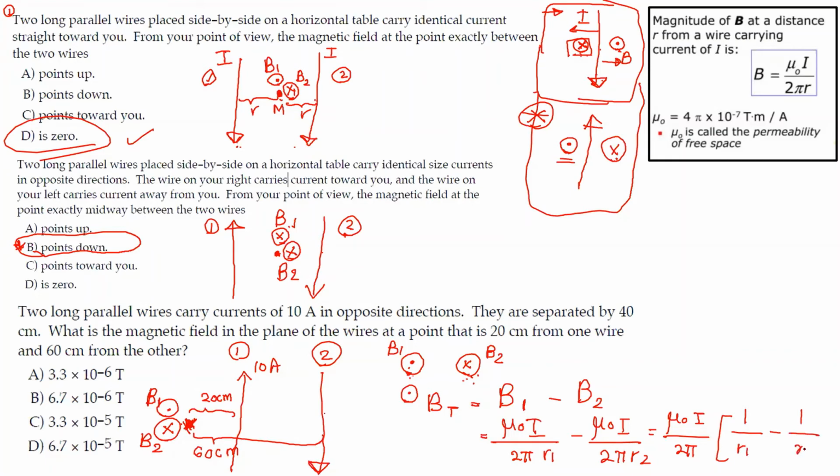So I get 1 over R1 minus 1 over R2. If I substitute the values, I get 4 pi times 10 to the negative 7, I is 10, over 2 pi. R1 is 20 centimeters, so I'll substitute it in meters, and R2 is 60 centimeters.